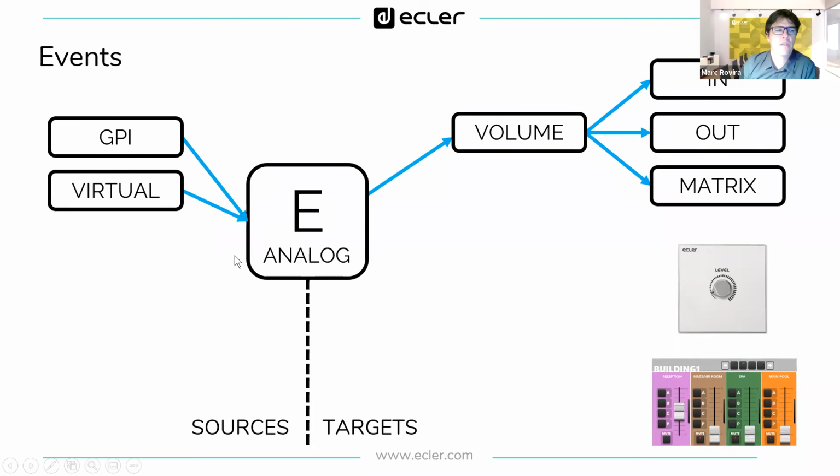So what are the actions that this can make? Logically, you want to turn volume up or down. Where? On the input side, on the output side, or inside the matrix, in a cross point. These are the types of actions that you can make with an analog event.